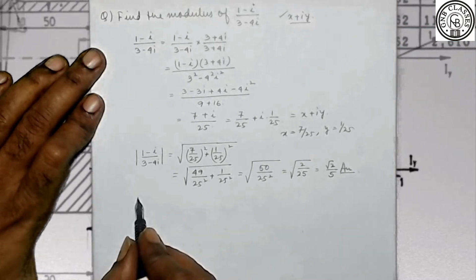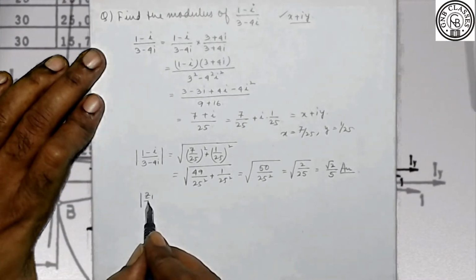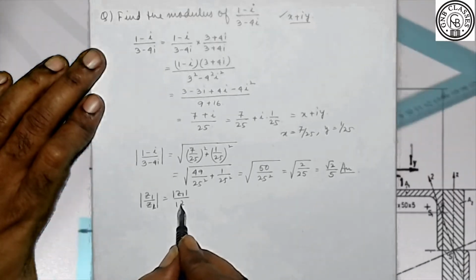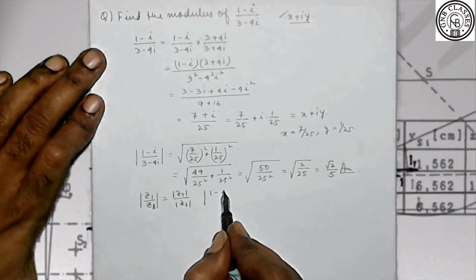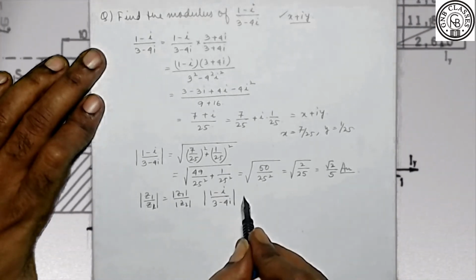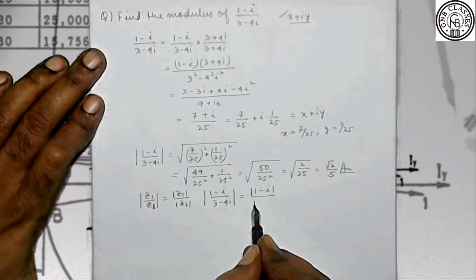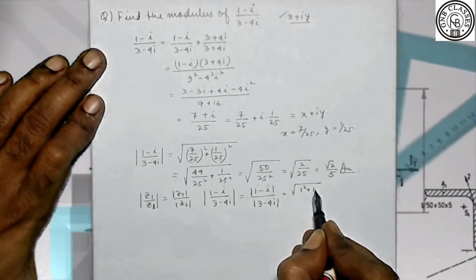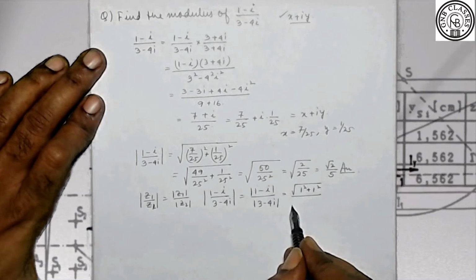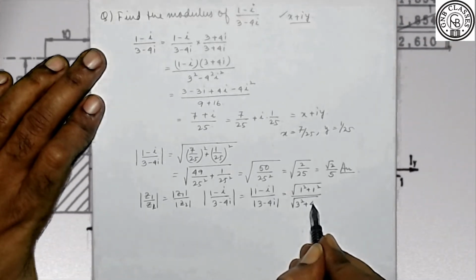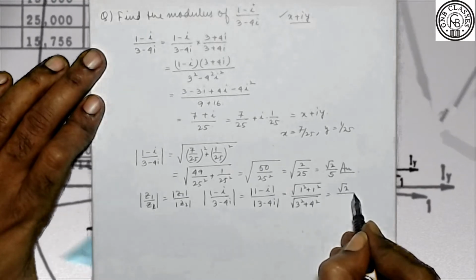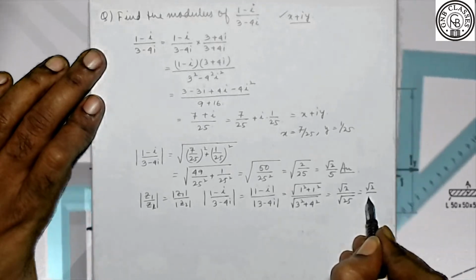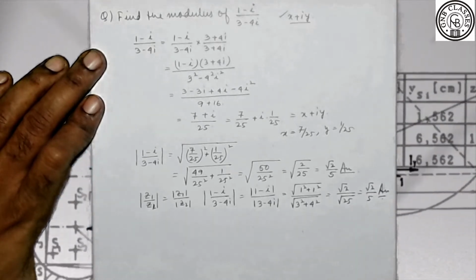Either you can do it by this method or else we know a property that mod of Z1 by Z2 is mod of Z1 by mod of Z2. So mod of (1 minus iota) by (3 minus 4 iota) can be written as mod of (1 minus iota) by mod of (3 minus 4 iota). Mod of 1 minus iota is under root 1 square plus 1 square, divided by mod of 3 minus 4 iota, which is under root 3 square plus 4 square. That gives us root 2 by root 25. So it's root 2 by 5. Is it clear? So you can do it by either method.